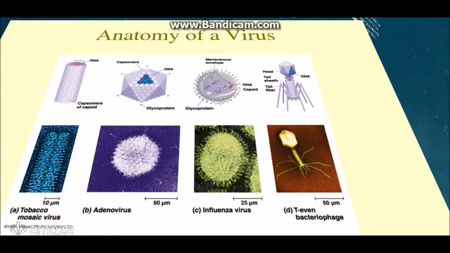And then we see the adenovirus, and it has glycoproteins, which are basically glycogenic proteins, in capsomeres, which are associated with the DNA, which is going to function everything. And then the influenza virus also has a glycoprotein in a membranous envelope, which is basically going to do the same thing. The RNA capsid is going to function and propagate material.